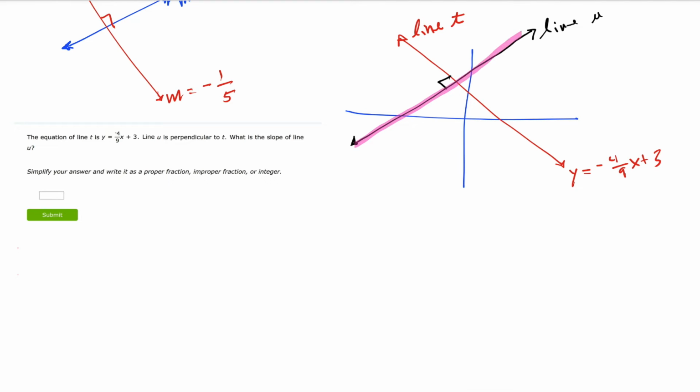Does it have the same y-intercept as line T? But I could have drawn my line U right here and still have been perpendicular. Does it have the same y-intercept? It doesn't? Yeah, look right here.